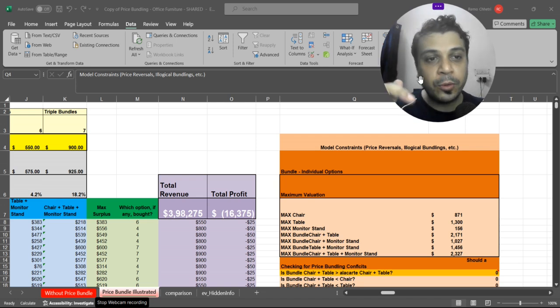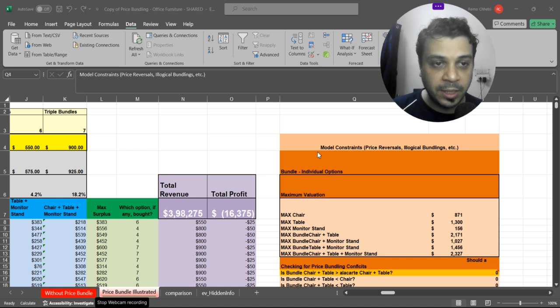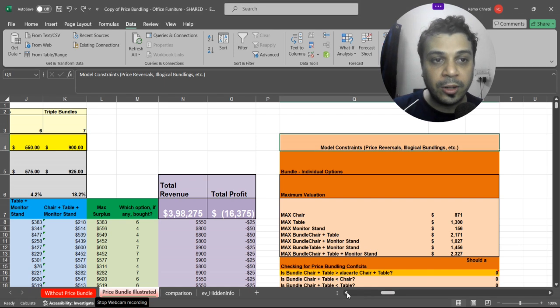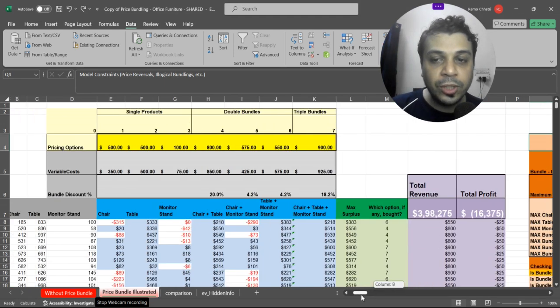What we are doing here is essentially an optimization problem, because we are trying to optimize profit on the basis of certain variables given some constraints. That's how we define an optimization problem in plain language.